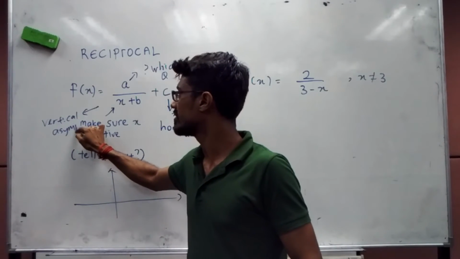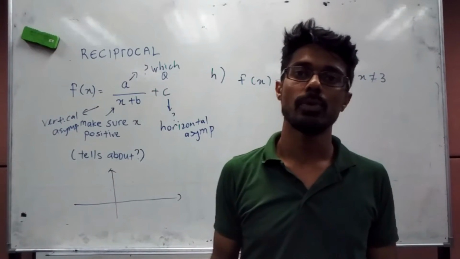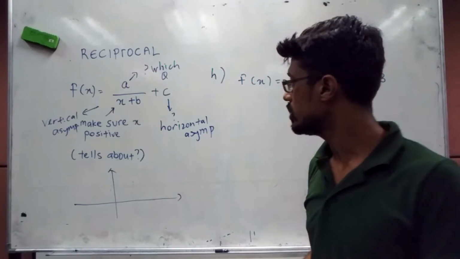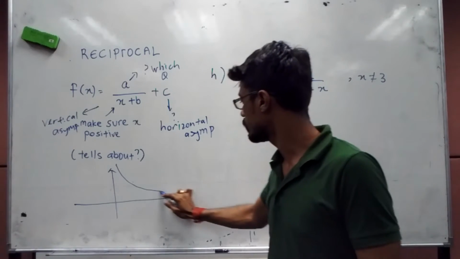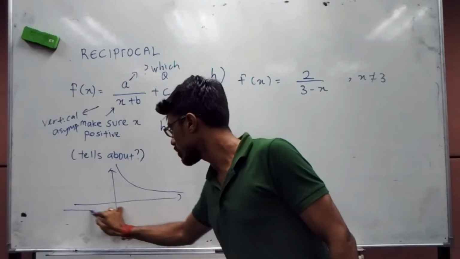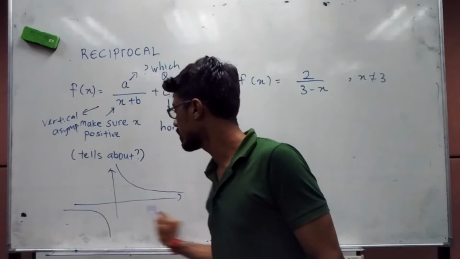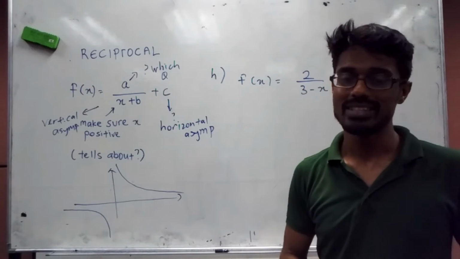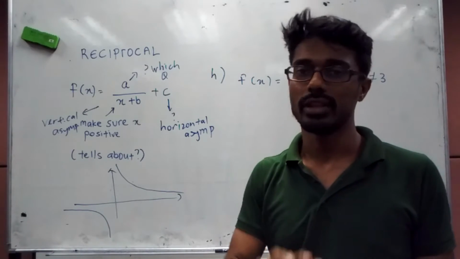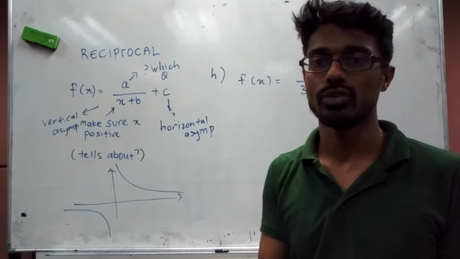And as I highlight again and again, it is very important for us to know the basic shape. If you're in quadrant 1 and 3, this is how your shape looks like. If you are in quadrant 2 and 4, it will be like that. Please remember, for a reciprocal function there is no reflecting, there is no shifting.